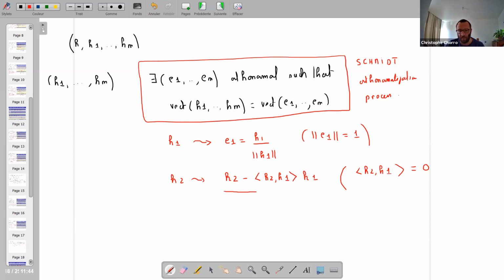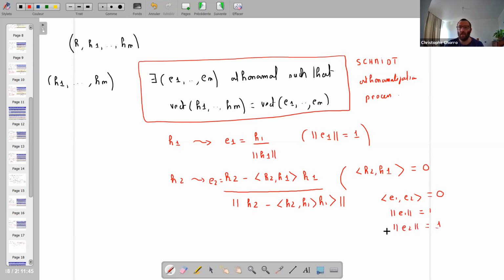And if I want to make it with norm 1, I just divide by the norm of H2 minus the scalar product of H2 and H1 times H1. This way I obtain E2, that fulfills the scalar product of E1 and E2 being 0. The norm of E1 by construction is 1, and the norm of E2 by construction is equal to 1 also.